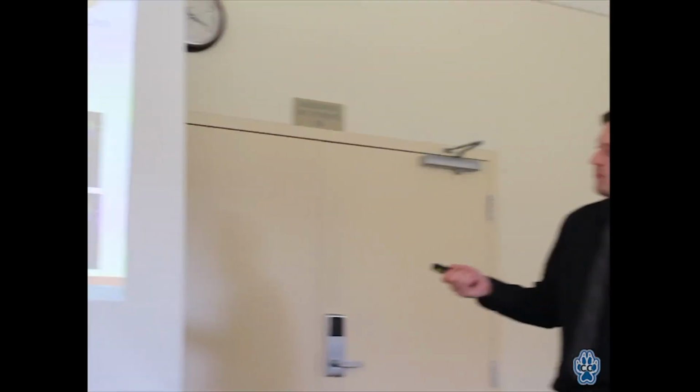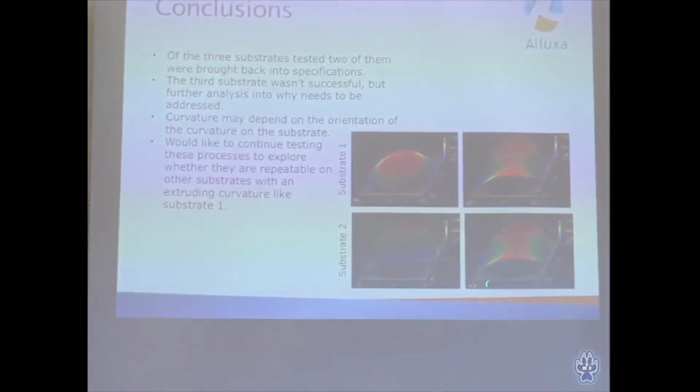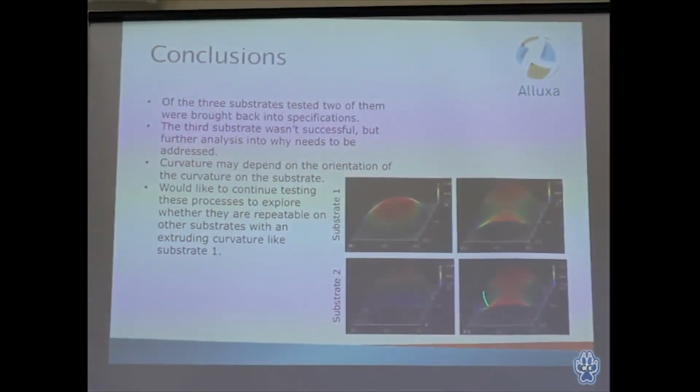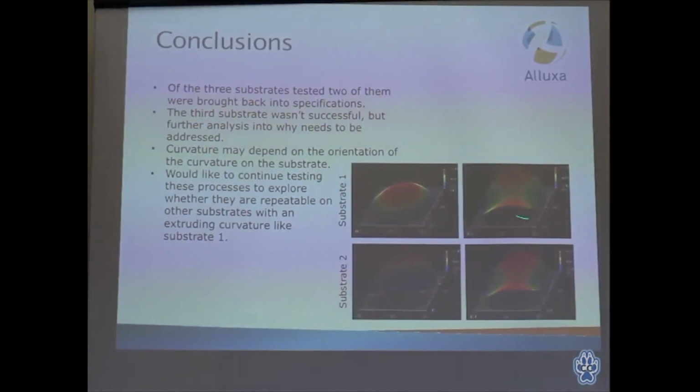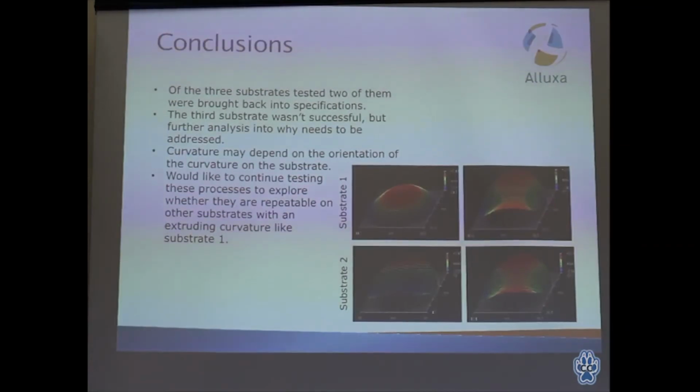So overall, I put these two side by side so you have a better comparison. You can see that the stress on this one and this one at the end both look pretty similar. Obviously this one being worse than this one. So what I would like to do with my research is continue testing more substrates that I can find that are failing due to this sort of curvature and try my process again on those to see if I can duplicate the result.